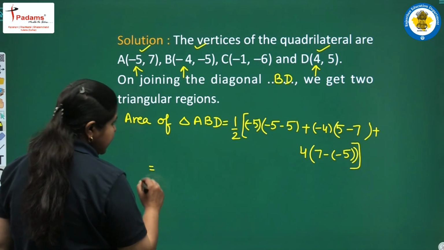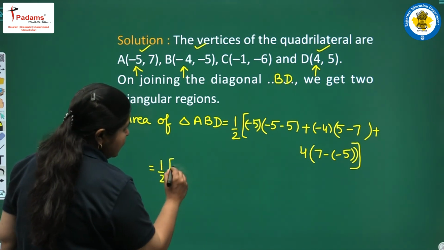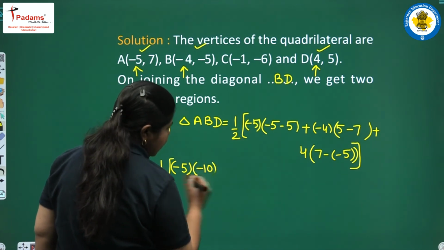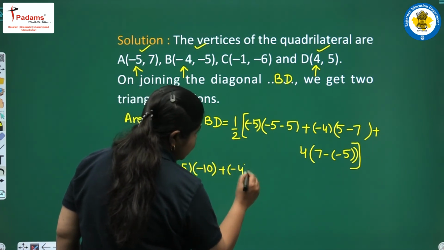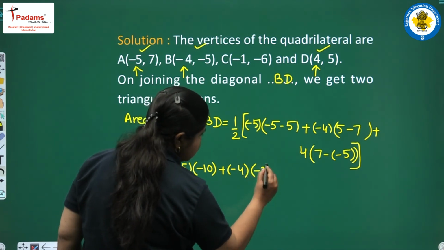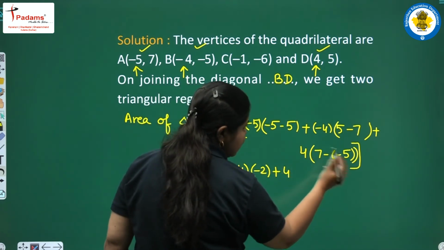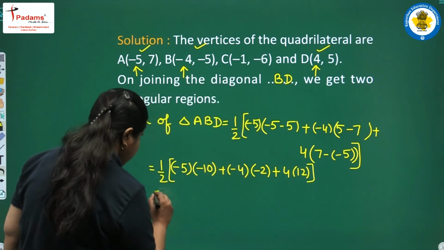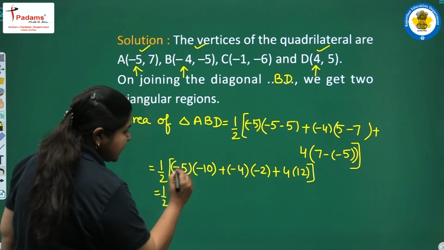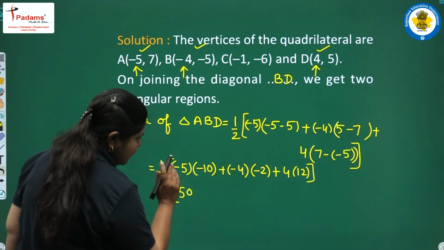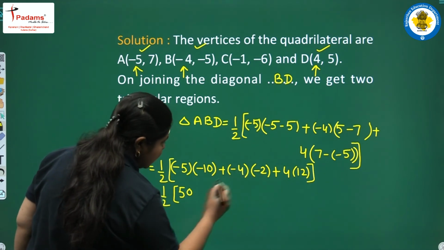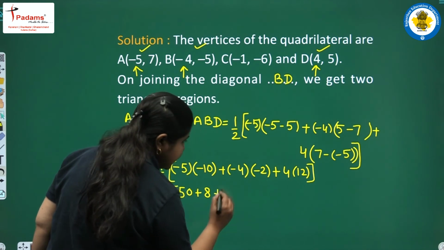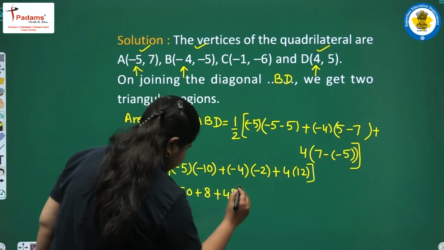Now solve it. It will be half into -5 into -5 will be -10. Then plus -4 into 5 minus 7 it will be -2, plus 4 into 7 plus 5 it will be 12. Now half into this will be -5 into -10 that is 50. माइनस माइनस यहाँ प्लस हो गया. -4 into -2 it's +8 and then plus 12 4s are 48.